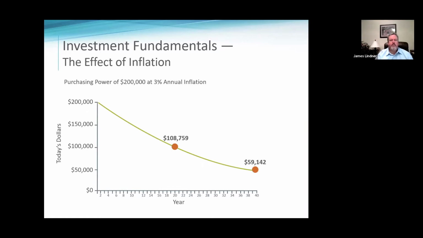A lot of times people talk about the idea of "I'm a millionaire." Well, if you would have said that in 1960, that's a big deal. And I'm not saying it's not a big deal today, but it's less of a big deal compared to 30, 40, 50 years ago.